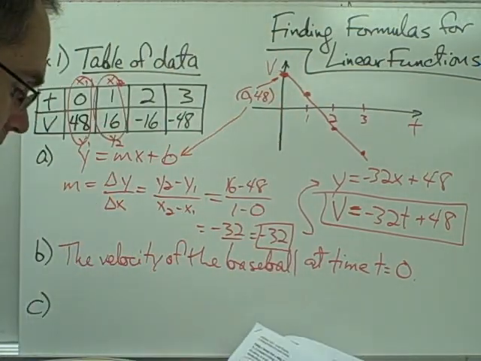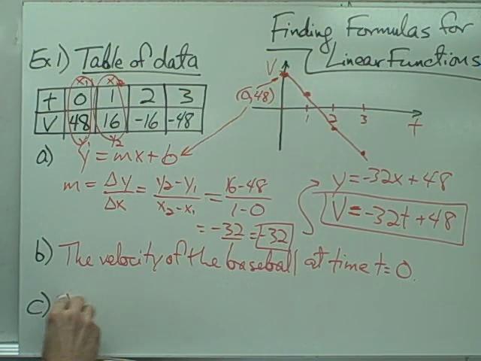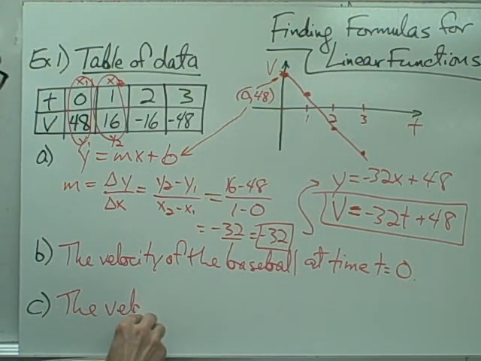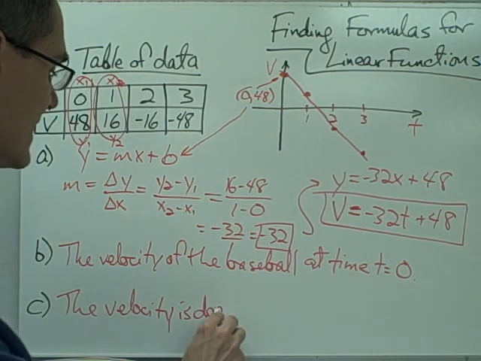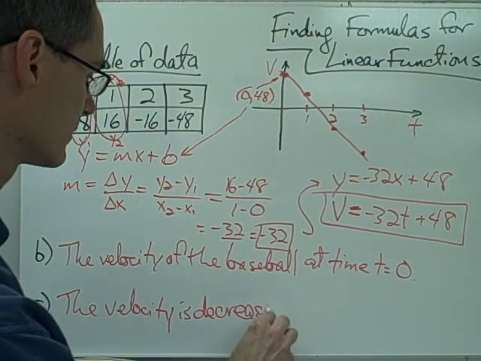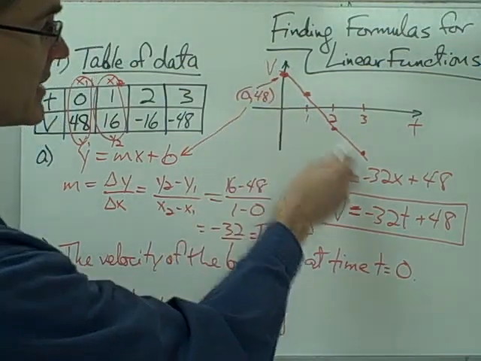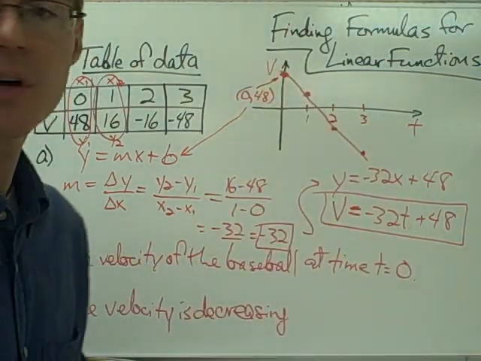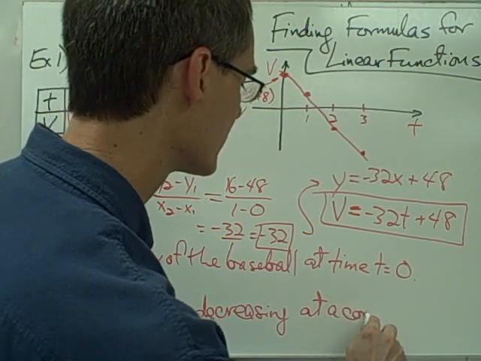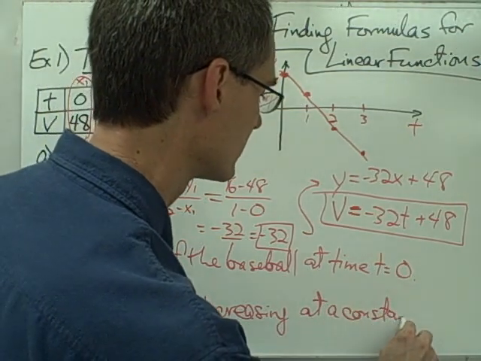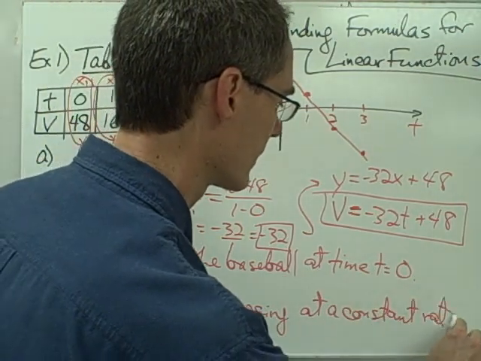So this just tells me that the velocity is decreasing. And not only is it decreasing, but since this is a linear function, my velocity is decreasing at a constant rate.